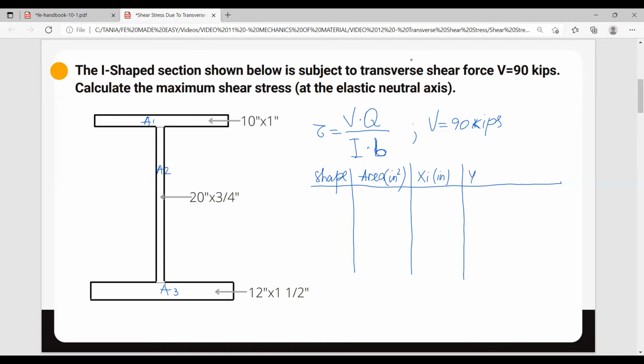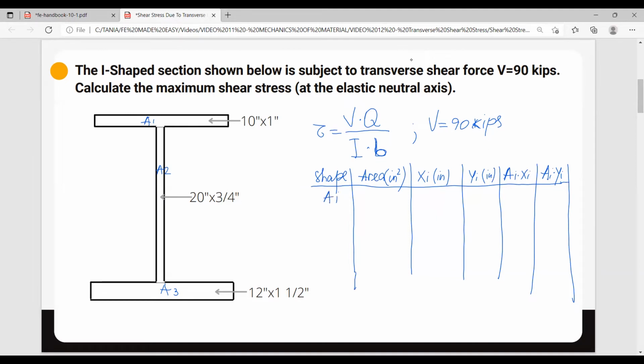We'll have the y coordinate in inches. We'll also have the product of area and the x coordinate, and the product of the area and the y coordinate. Let's follow along and do this.